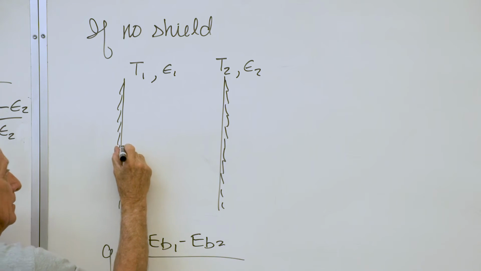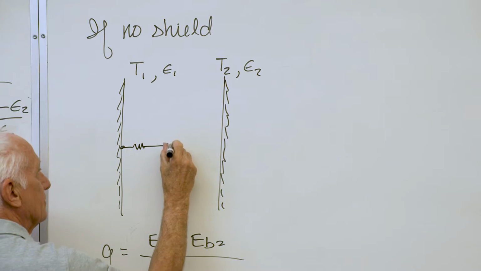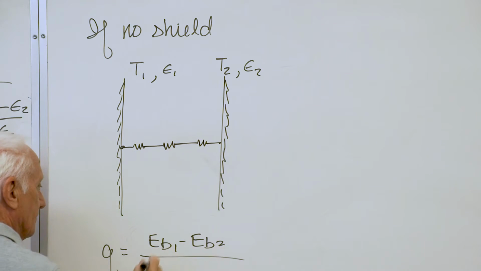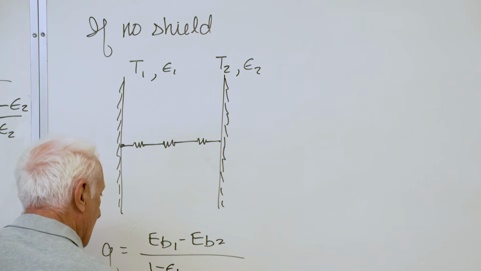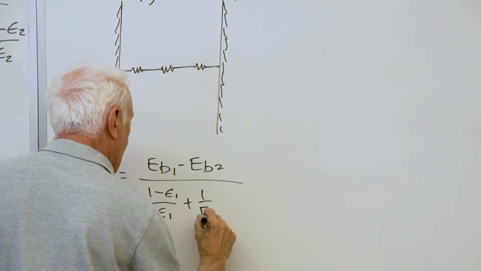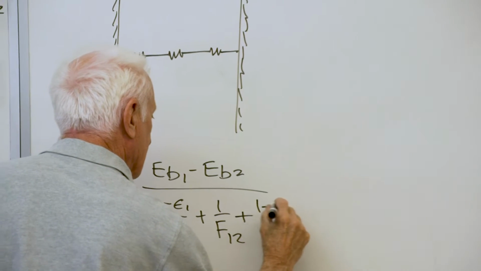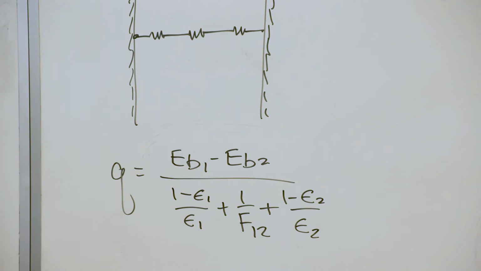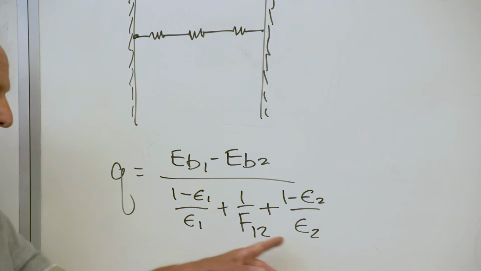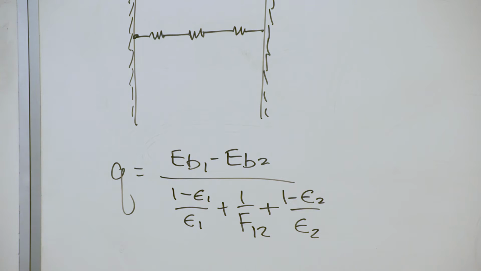Here they are. Surface resistance, space resistance, surface resistance. Right away, you can see what we did. Without a shield being there, there's only 3 resistances. But once we add the shield, we have 6 resistances. So there's a big difference.